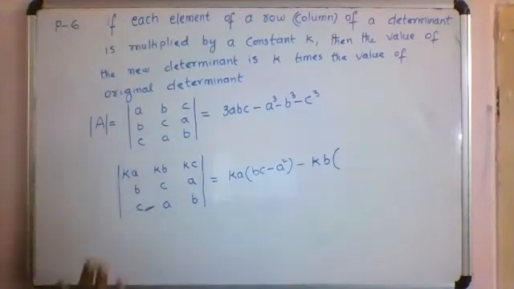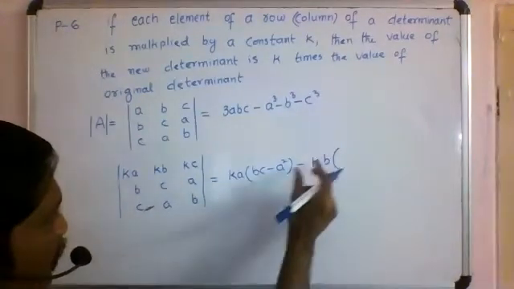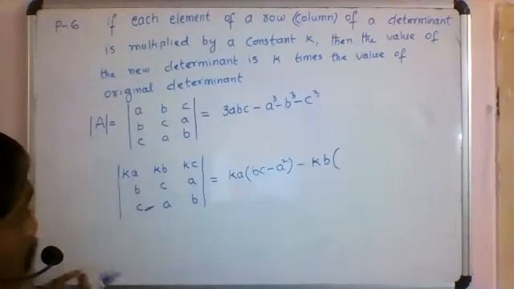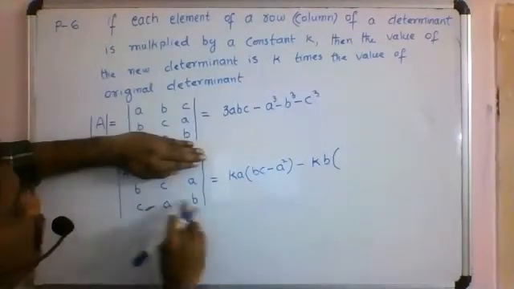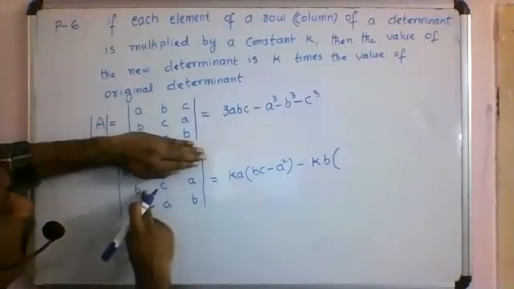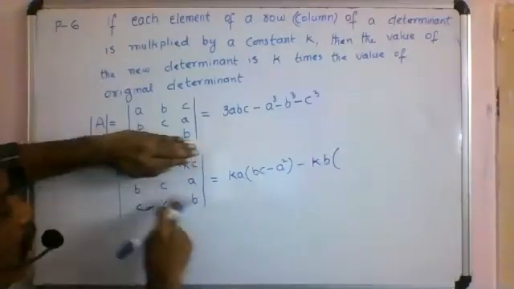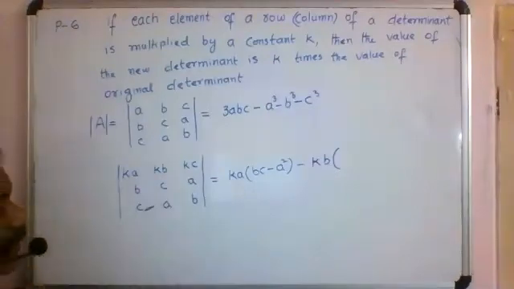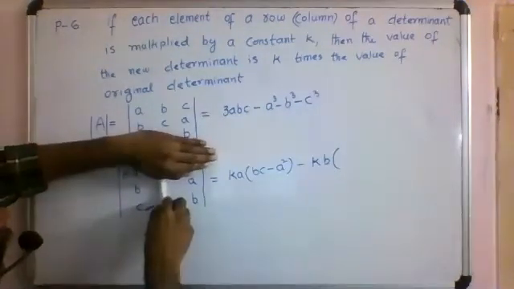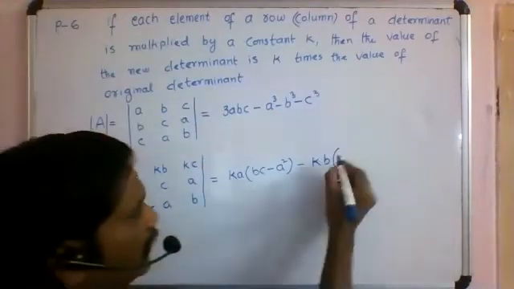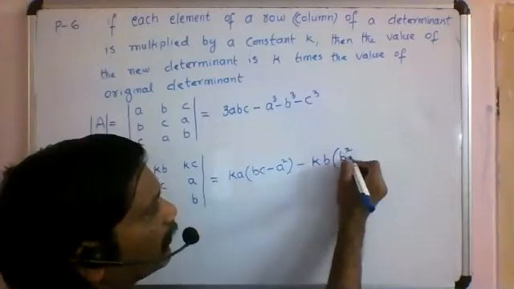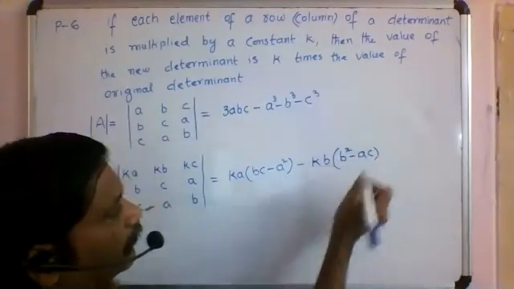So we are left with only BACB. You know how to write the determinant of a 2 by 2 matrix, just cross multiplication. So B into B square minus AC. We have to write here B square minus AC.